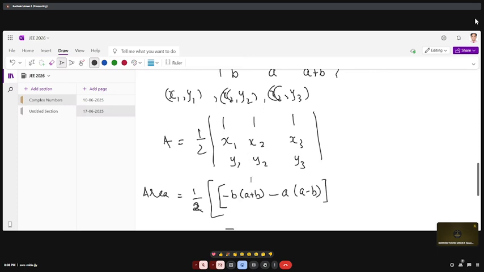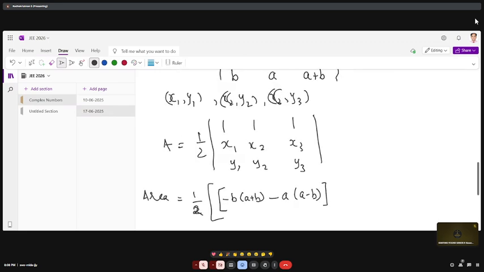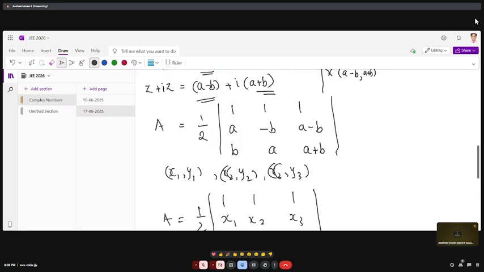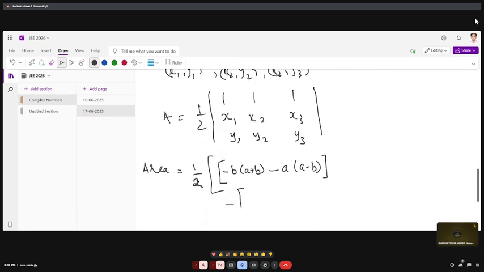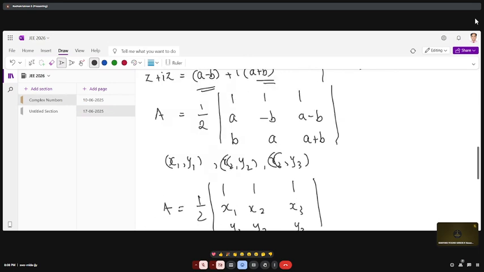So for this term, we have to take minus. And the minor determinant, take out this row and this column: a into a plus b minus b into a minus b.